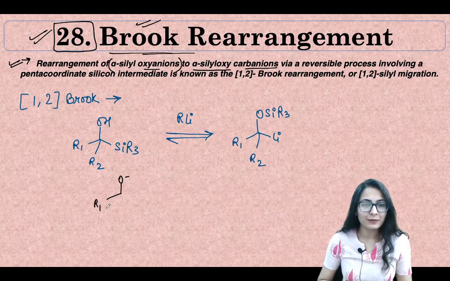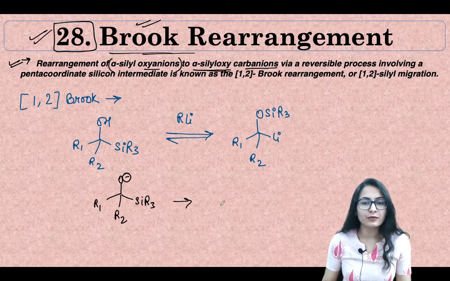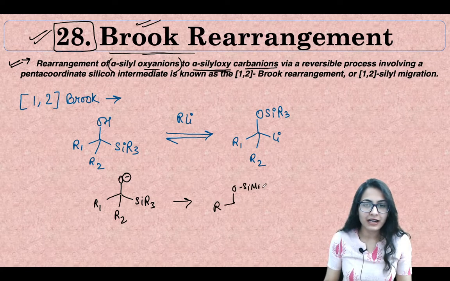So it is going to be like this, right? The focus is on the oxyanion. This is your oxyanion to alpha silyloxy carbanion. Basically, the silyl oxy bond has formed, R1 and R2, and this is the carbanion now.